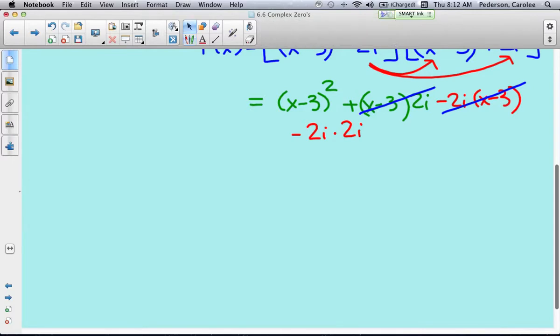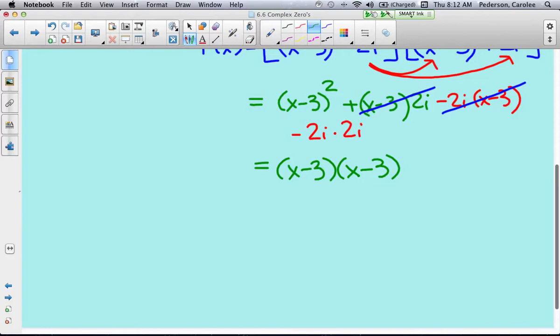So let's work on the (x minus 3) all squared. Remember that's (x minus 3) and (x minus 3), which is FOILing out x squared minus 6x plus 9.